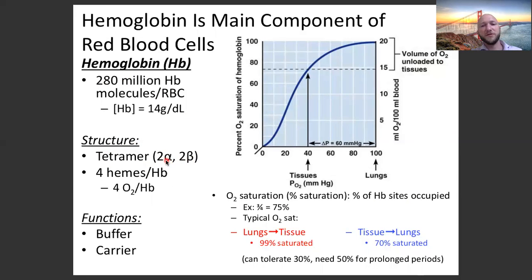Each individual subunit has a heme group. So there are 4 heme groups per hemoglobin. Each heme group holds onto 1 oxygen molecule. So with 4 heme groups, 4 oxygen molecules can be held onto in a hemoglobin molecule. Hemoglobin is a buffer, and it is a carrier protein.